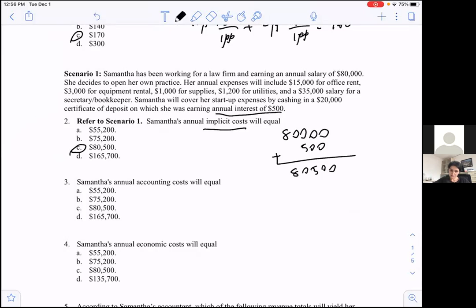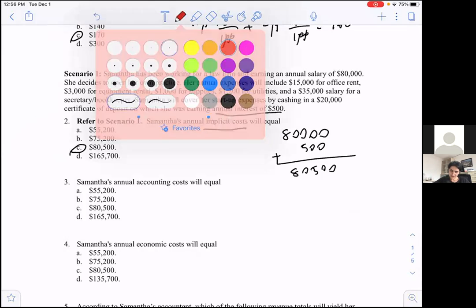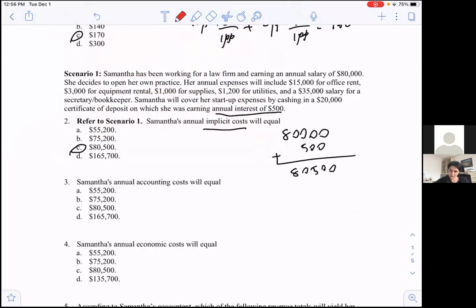Okay, so the costs that you can see are what? Annual expenses will include $15,000 for office rent, $3,000 for equipment rental, $1,000 for supplies, $1,200 for utilities, $35,000 salary for a bookkeeper.